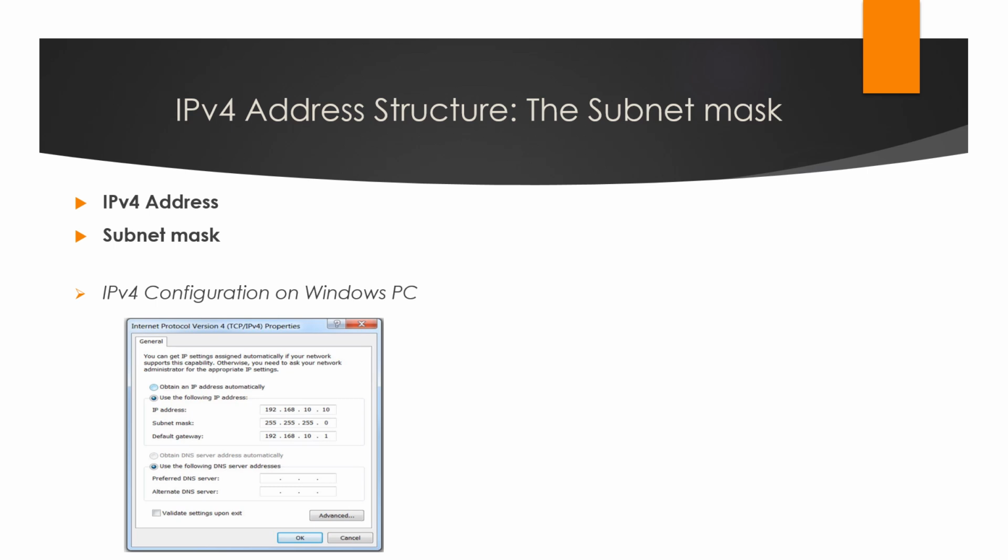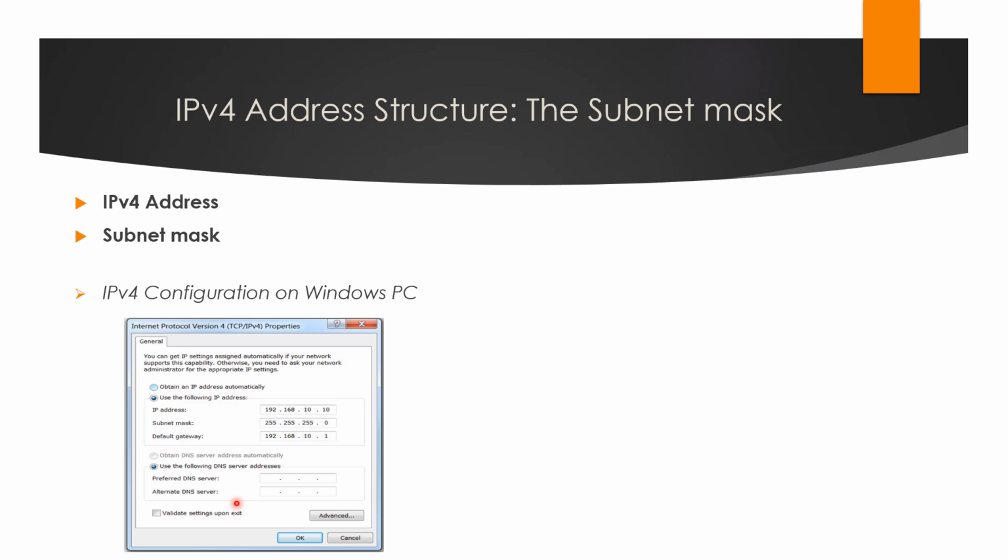Here in this figure, it is shown the IPv4 configuration of a Windows PC, and you can see that it is configured even with the default gateway that is required to reach the remote networks, and you can configure even the DNS server that is required to translate the domain names to the IPv4 addresses.